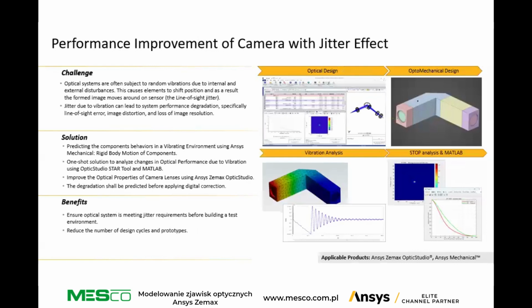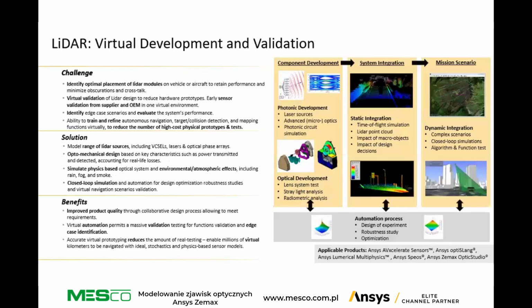And you can also improve and analyze the performance of your camera, taking into account the jitter effect, that is when the camera is under vibration, under a vibrating environment.